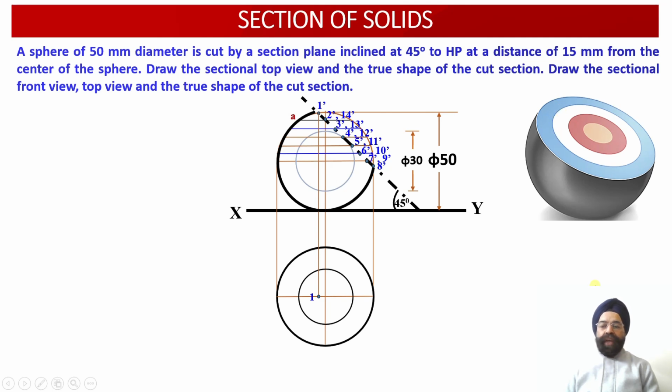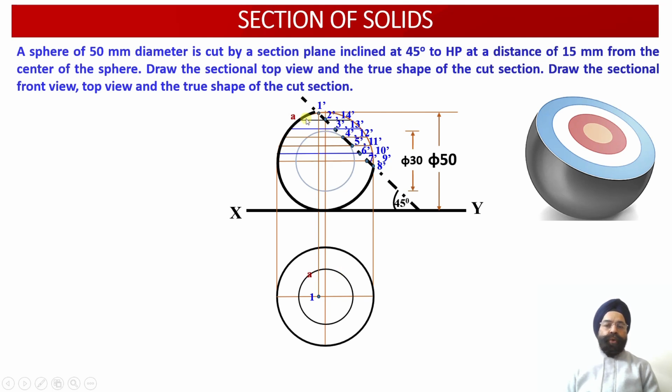Now, since we are looking from the perpendicular direction, from the front side, we will not be able to look at the distances between these points in the top view projection. So how do we obtain the distances between these 2 points in the top view projection corresponding to ring number 1, that is ring A? So this is our ring A, you can check. Ring A.